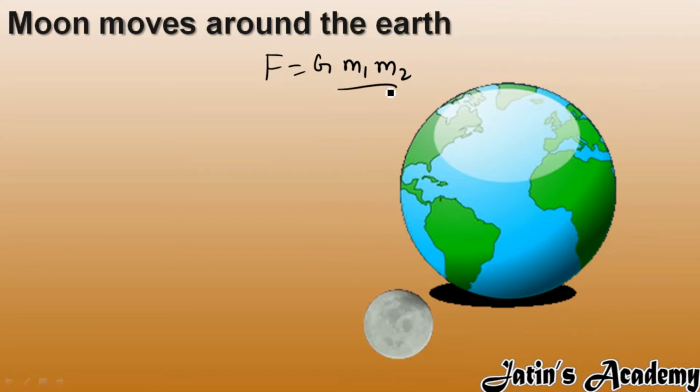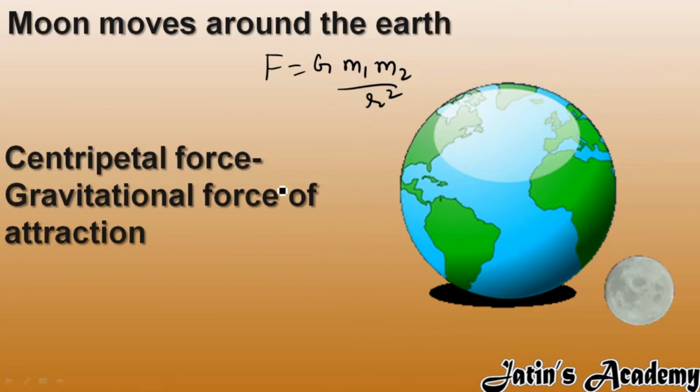What force is this? This is called the gravitational force of attraction. So when the moon revolves around the earth, the centripetal force acting here is the gravitational force of attraction. Next, the earth is revolving around the sun.